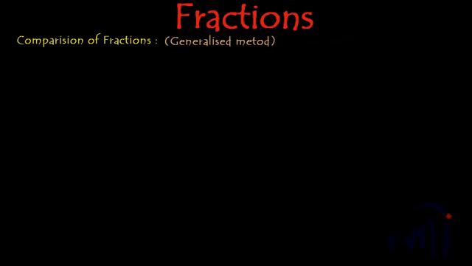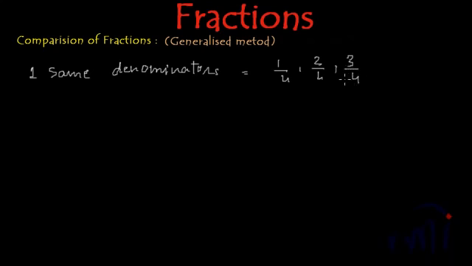Hi. So we have learned the method of comparison of fractions when either their denominators are same or their numerators are same. So just to revise this, when we have same denominators like 1 by 4, 2 by 4 or 3 by 4, how do we compare?